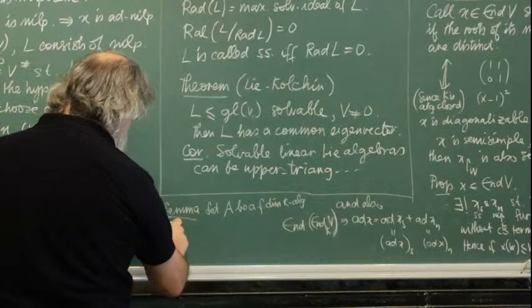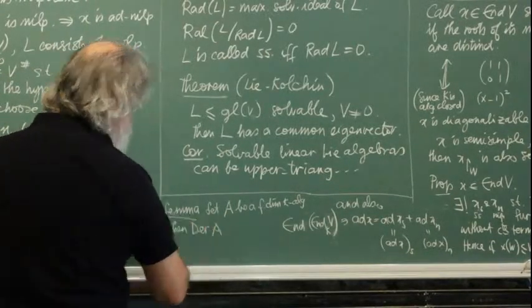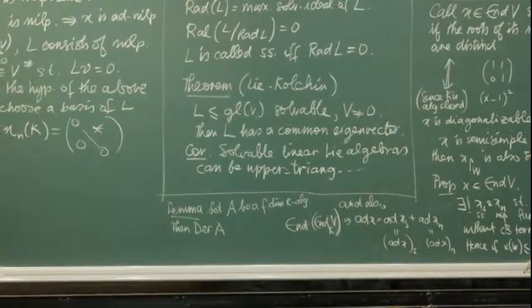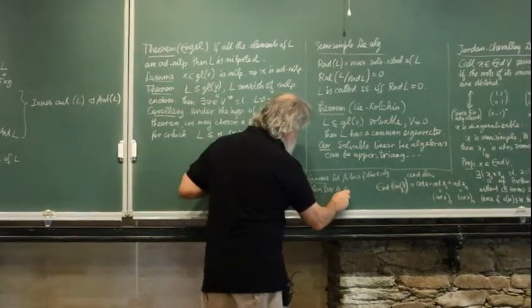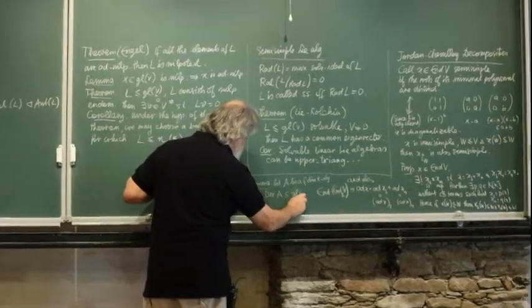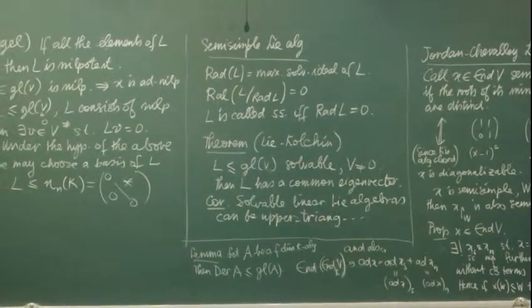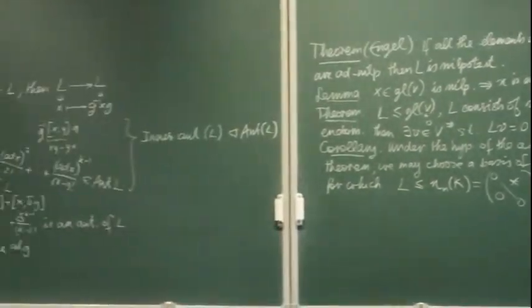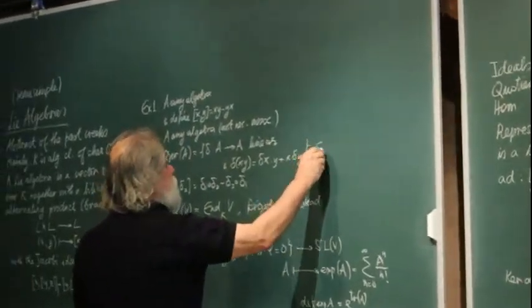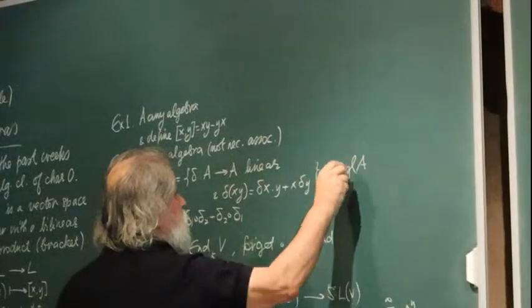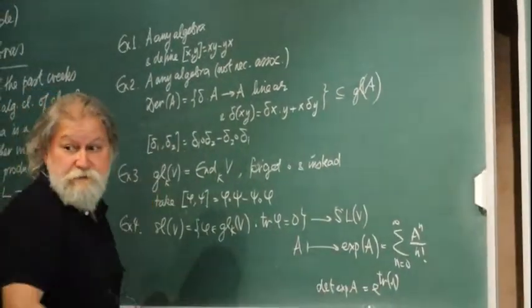Then derivations of A form a Lie algebra, inside GL(A), right? They are linear. And it is a Lie algebra under the bracket operation.